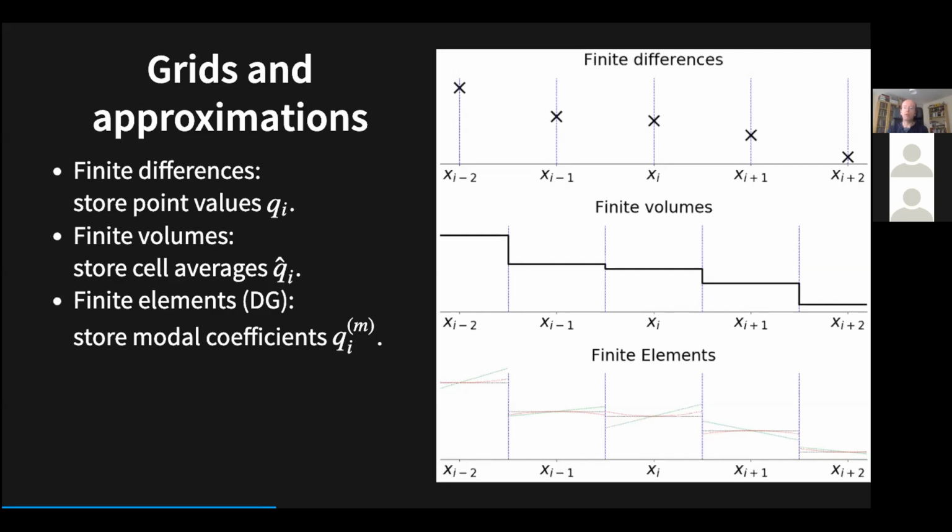So for example, if we were to think of the function basis as being simple polynomials, we would store the coefficient of x to the power 0, the coefficient of x to the power 1, the coefficient of x squared, and so on and so forth, all expanded about the center of the cell typically. The 0th moment is linked to the cell average, the first moment to the derivative, the second to the curvature, and so on and so forth.